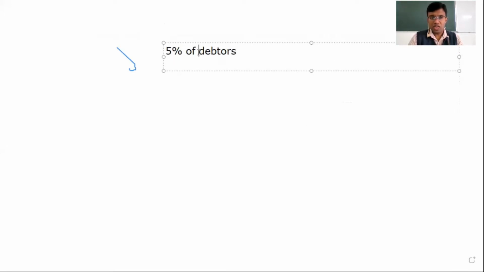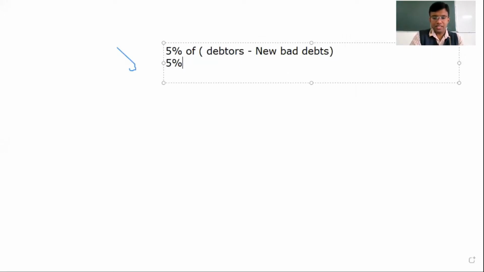But when you're considering debtors, you have to consider debtors minus new bad debts, so 5% of debtors minus new bad debts.